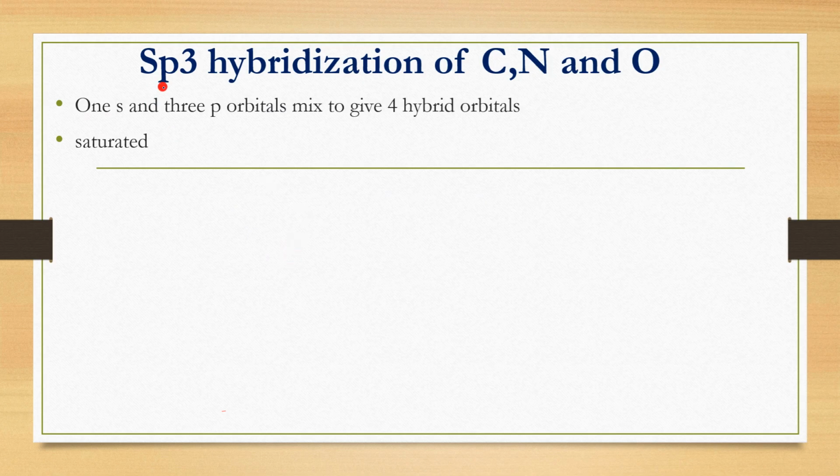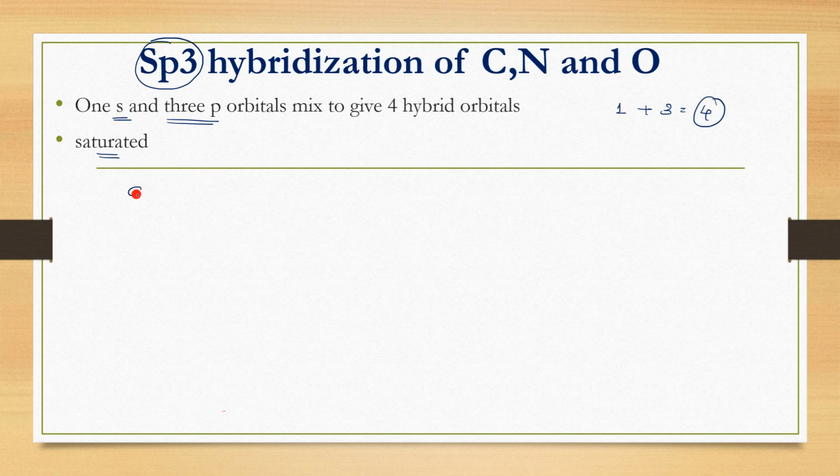Okay, so from the name itself, what we understand is this is a mixing of 1s and 3 p orbitals to give 4. So 1s and 3 p. So how many total hybrid orbitals will be formed? 4 hybrid orbitals.